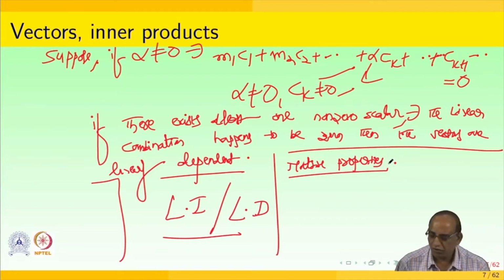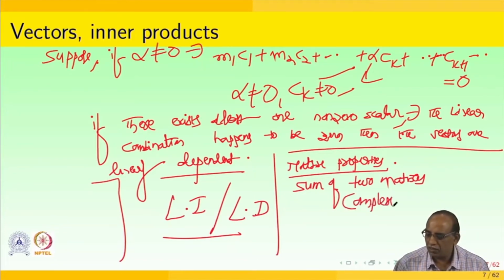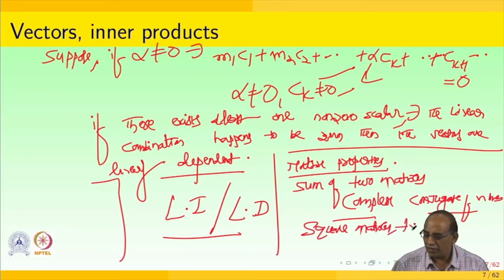Matrix properties: sum of two matrices, then complex conjugate of matrices, square matrices, triangular matrices, and so on and so forth.